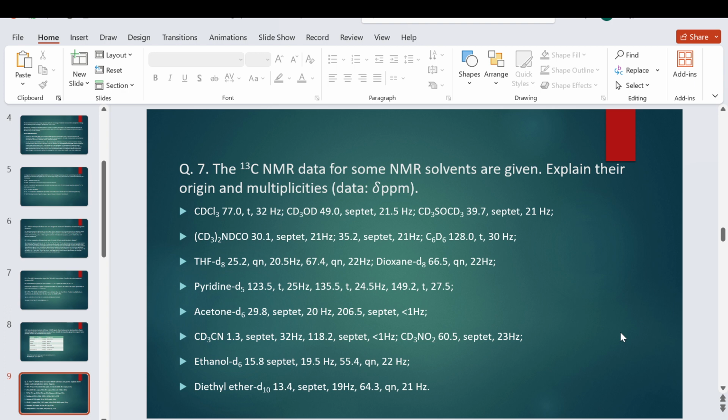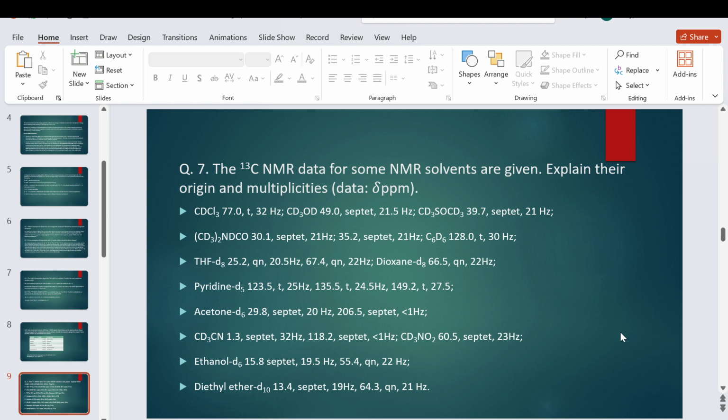Data are in delta ppm. CDCl3 77, triplet. CD3COCD3 49.0, septet, 21 lines, 21.5 Hz. CD3SOCD3 39.7, septet, 21 Hz.